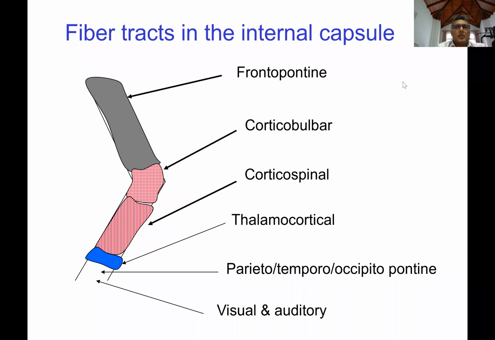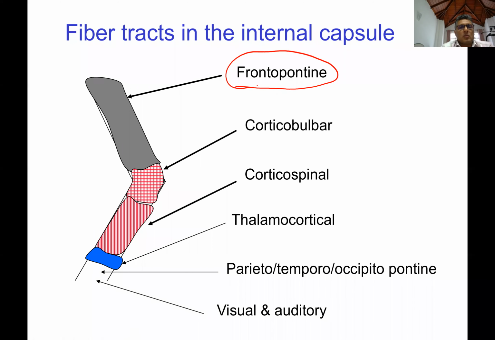Now the internal capsule has an anterior limb, genu, and a posterior limb, as I said before. So that is the basic thing that you need to know first. Then you can forget about these frontopontine fibers for the moment.